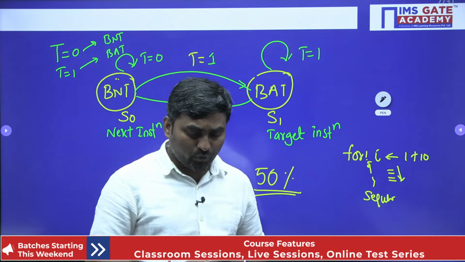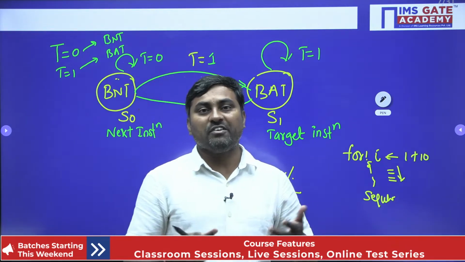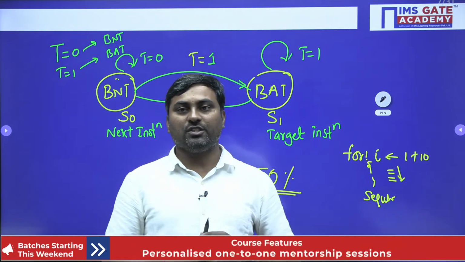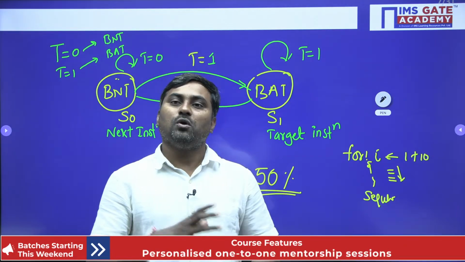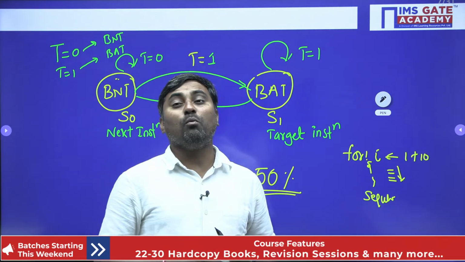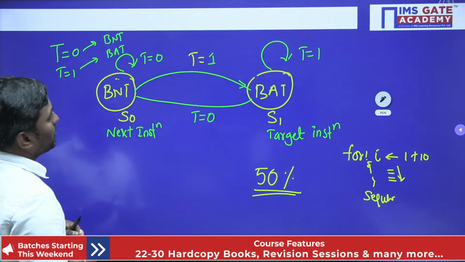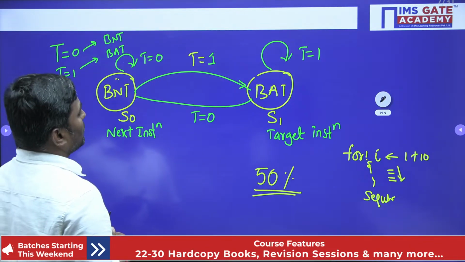In the dynamic prediction case, what do we do? We'll save the previous predictions. Based on the previous predictions, we'll change the current prediction. So that may give more efficiency also. Let's observe that. So dynamic prediction, we'll observe it.